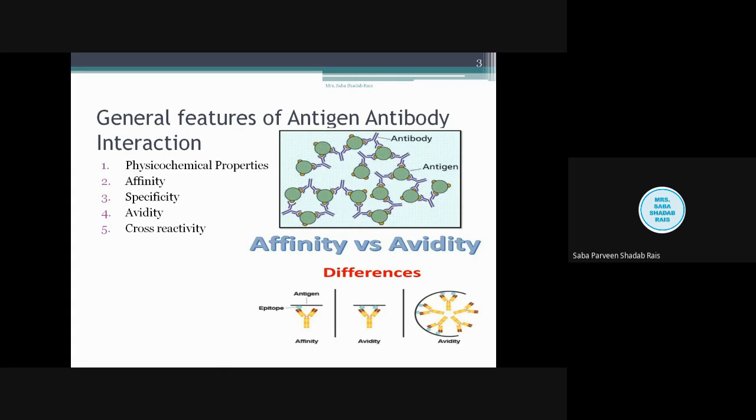Now the delta version is also present, but we will take just examples. It is still effective, so for that reason they may not have perfect binding, they may bind a bit loosely, but they can bind and they can kill the COVID. So this is called cross reactivity.